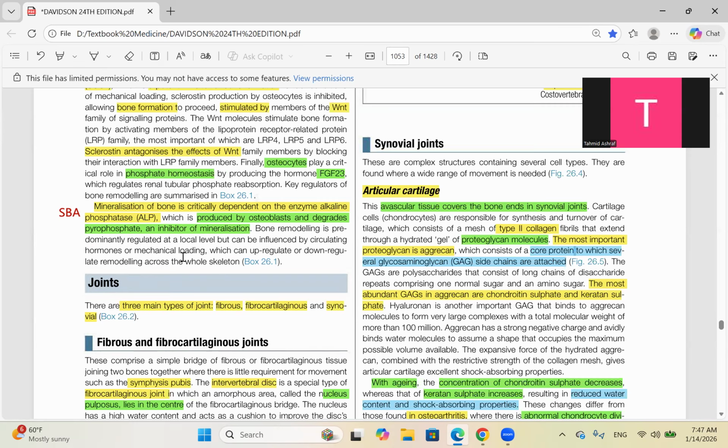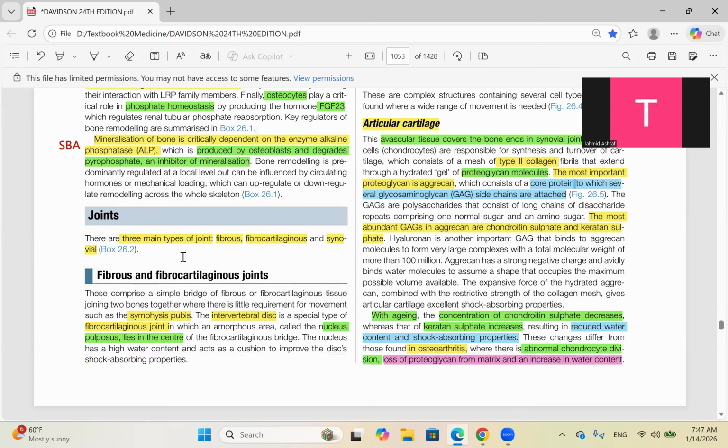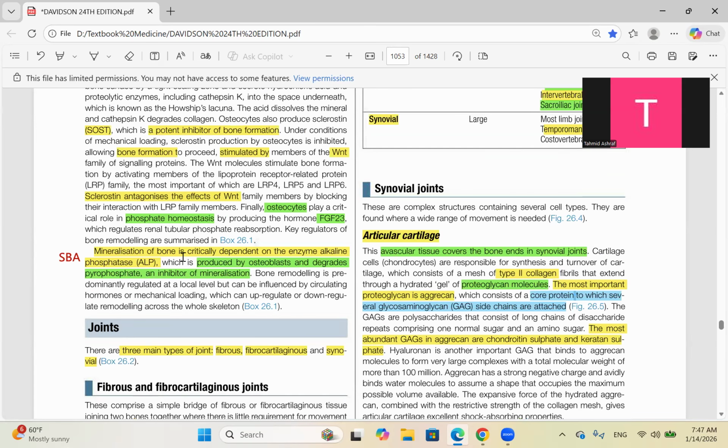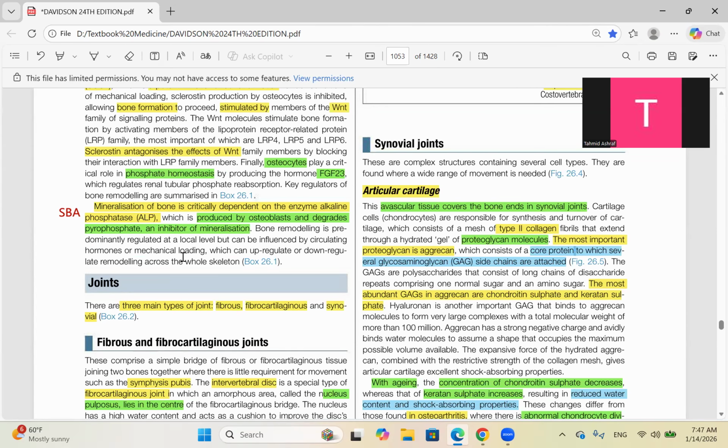It causes degradation of pyrophosphate. Pyrophosphate is an inhibitor of mineralization. So when something causes degradation of pyrophosphate, there will be no inhibition of mineralization and mineralization will occur. So alkaline phosphatase favors mineralization by inhibiting pyrophosphate.